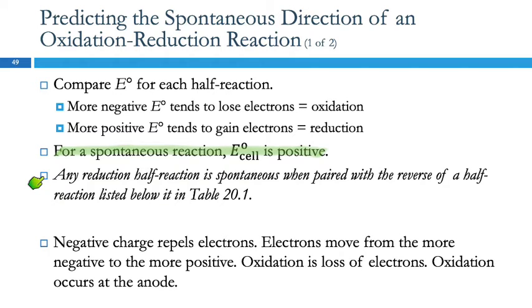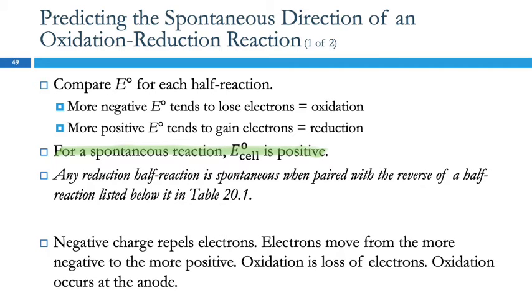So if we look at those half reactions, any reduction half reaction is spontaneous when paired with the reverse of a half reaction listed below it in the table. Well, switch them so that you have an oxidation reaction and a reduction reaction.